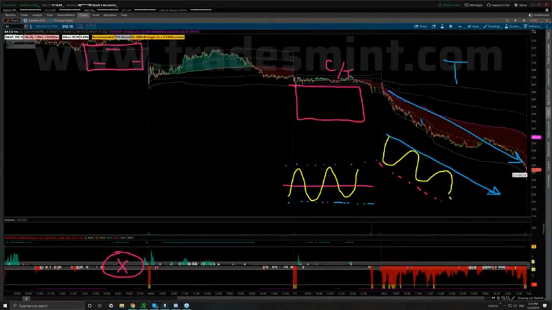But, and this is really crucial, once we break down, or directionally in whichever way we're heading, we're going to expect to see that same containment to the outside and away from volume weighted average price.